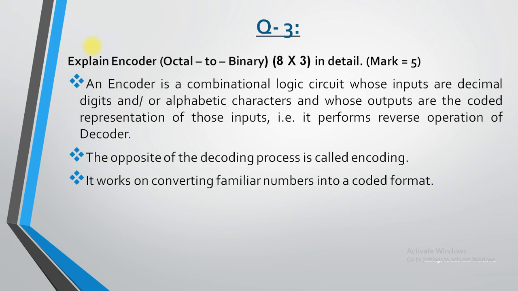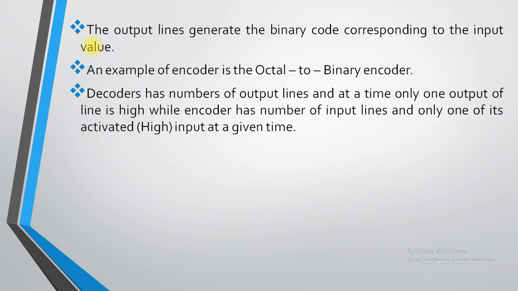Encoder stands for octal to binary conversion, which can be represented by 8x3 encoder, right? It is a type of combinational circuit. It is the opposite process of decoding. When you want to convert any data into the coded format, at that time encoders are used.